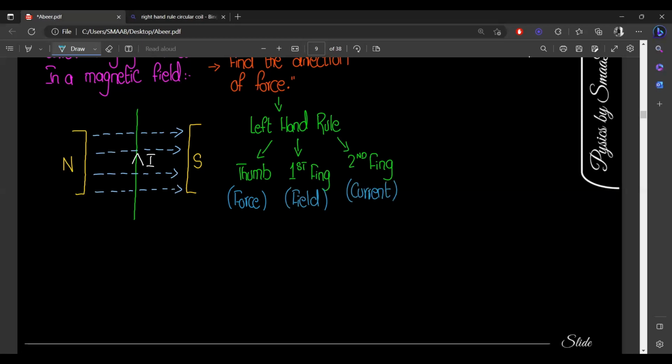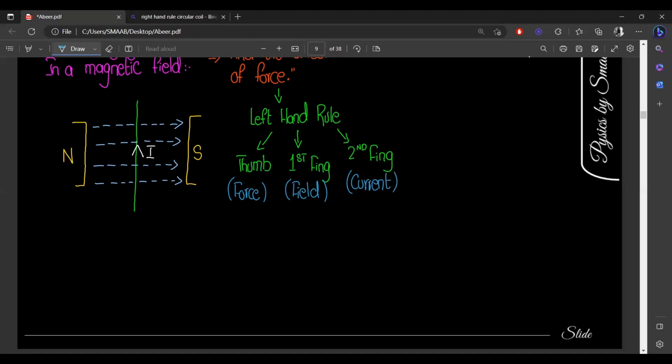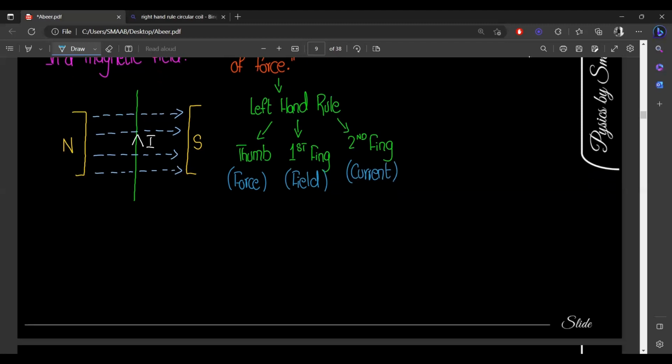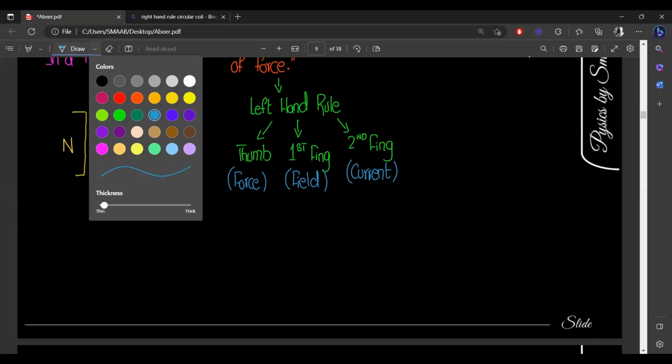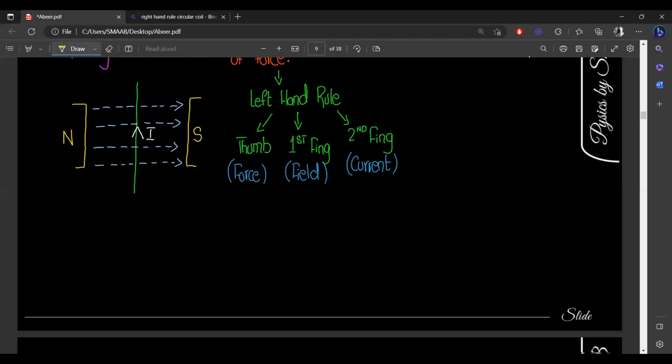So when you are going to find the direction of force, just take it simple and start first from the magnetic field. First we need to identify the direction of magnetic field. It means that we need to place our first finger in the direction of magnetic field. So by using your left hand rule, in this particular condition, first place your hand with the palm facing your side, right?